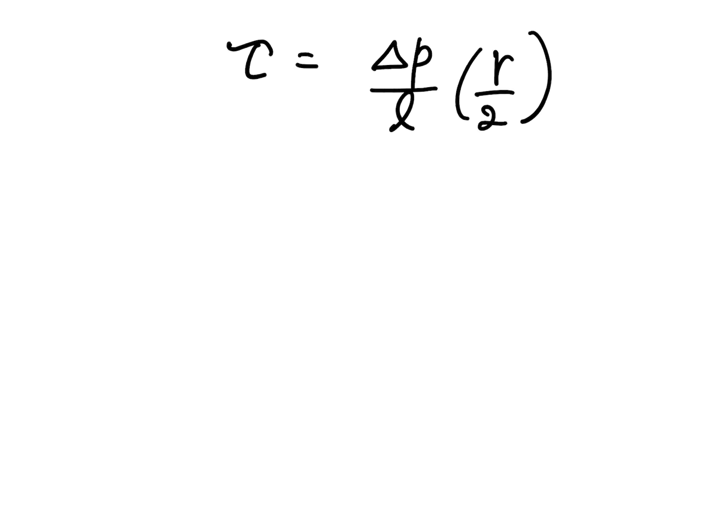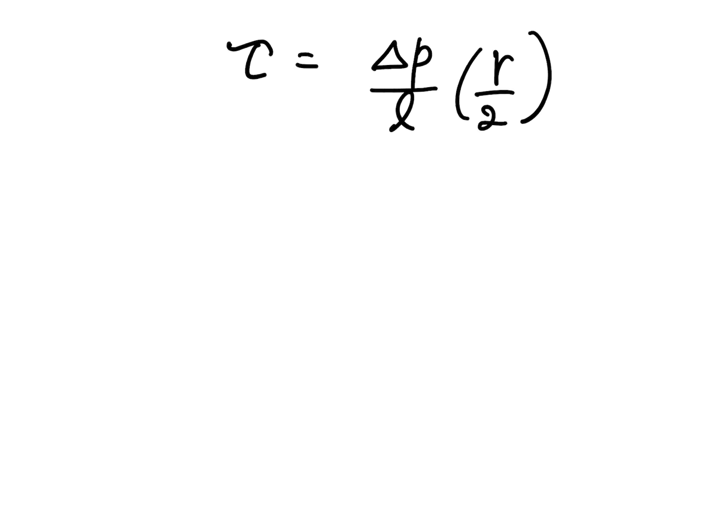If I rearrange this, I have tau equals delta P over L times r over 2.